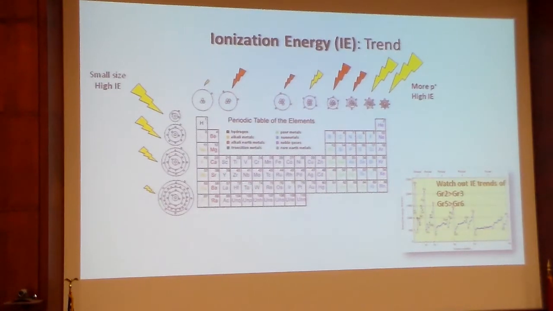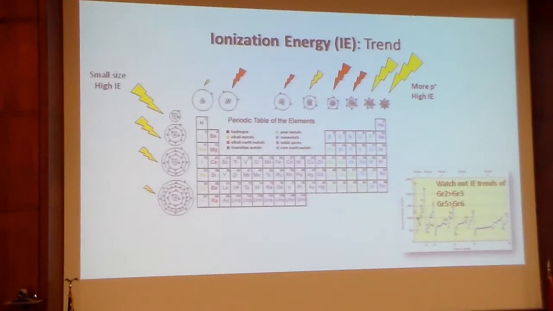Similarly, group 6 has more protons, so it's supposed to need more energy to remove an electron, but it reverses a little bit. The reason is, have you heard about half-filled and full-filled?